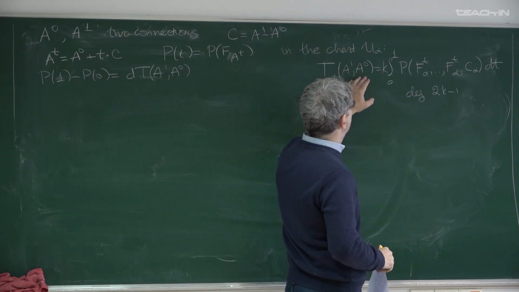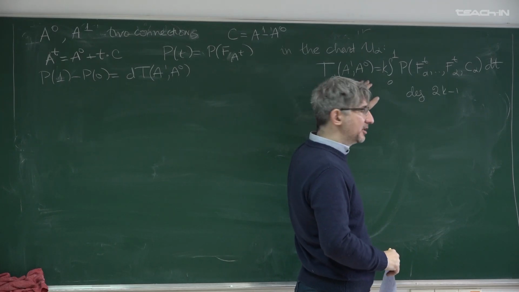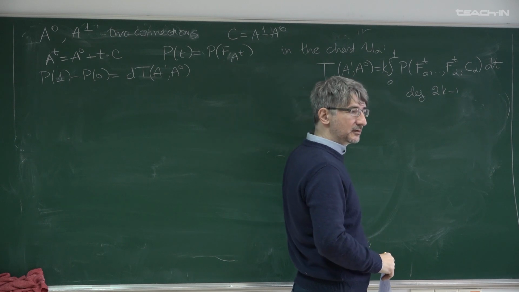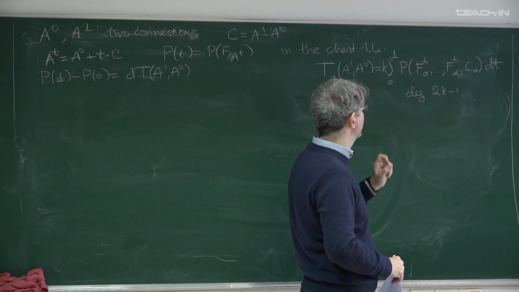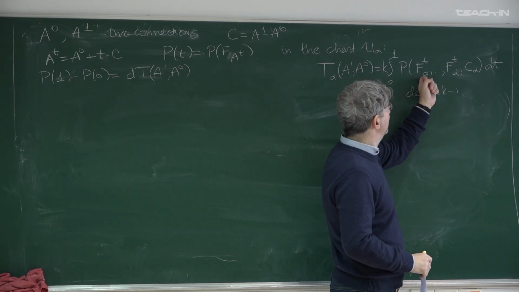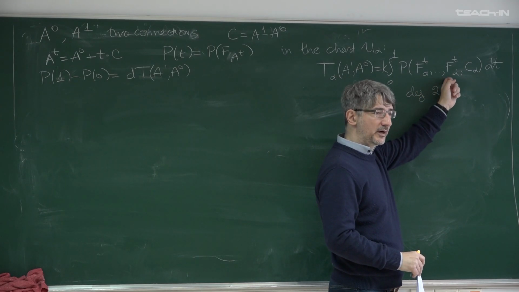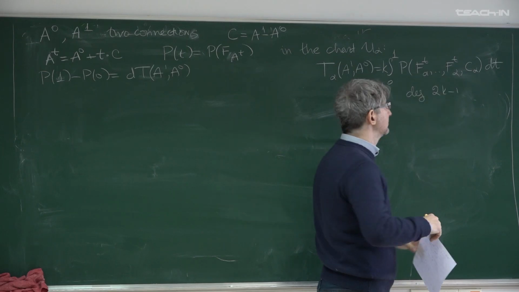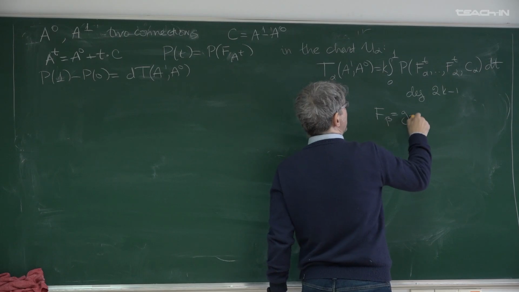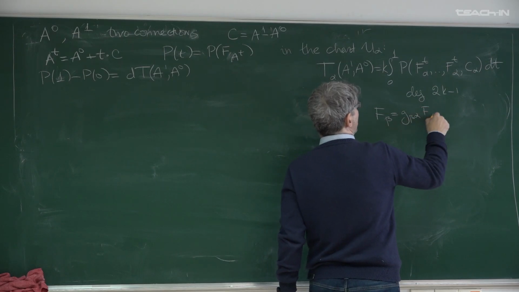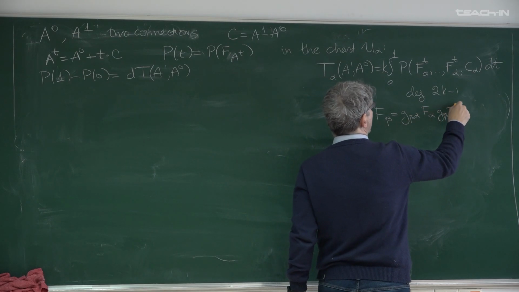Okay. Next question. What happens to this object if we pass from chart alpha to chart beta? Very tricky question. These things will be changed by the adjoint representation. F_beta is equal to G_beta_alpha F_alpha G_beta_alpha^{-1}.